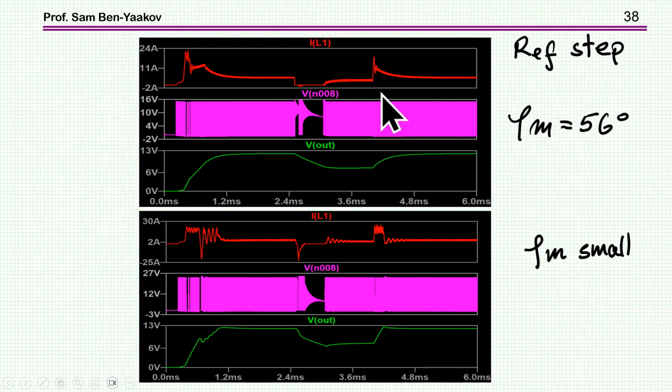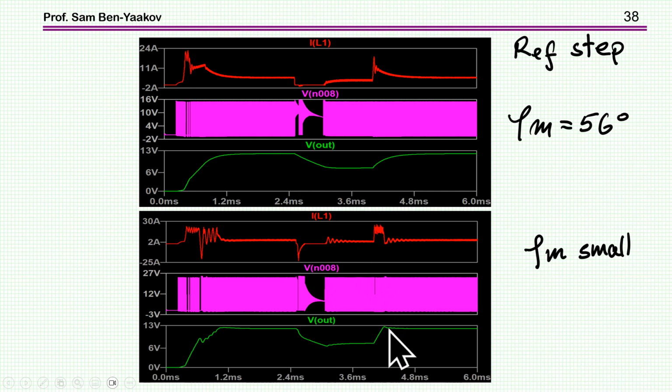And now I'm comparing the two cases, the original design with a phase margin of 56 and the case of the small phase margin. You don't see major differences, although we see a somewhat different behavior at the drop here. In fact, the rise time here is faster.